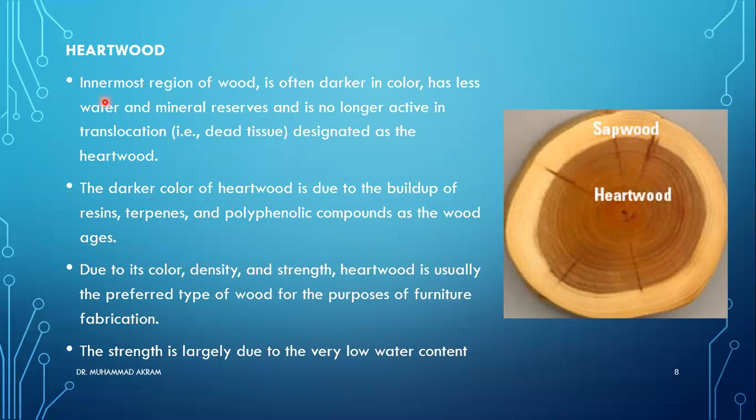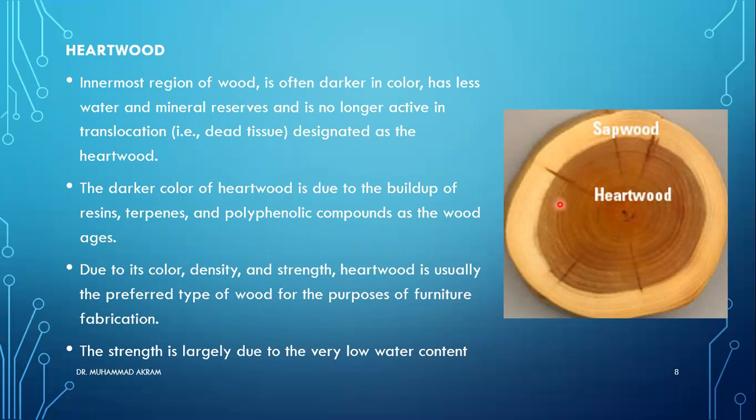Hardwood. The innermost region of the wood is often darker in color, has less water and mineral reserves, and is no longer active in translocation. That is the dead tissue, designated as the heartwood.